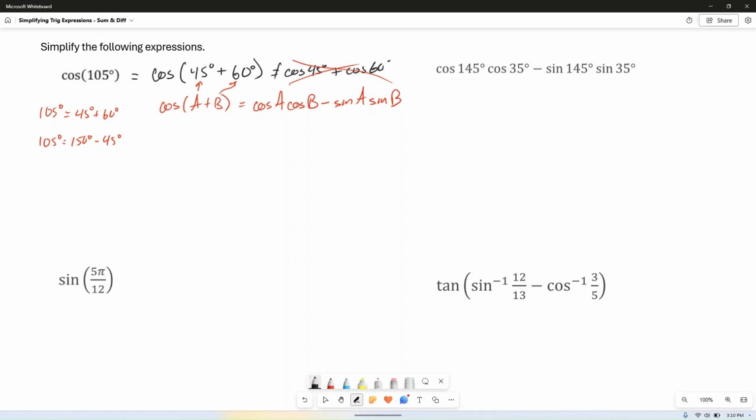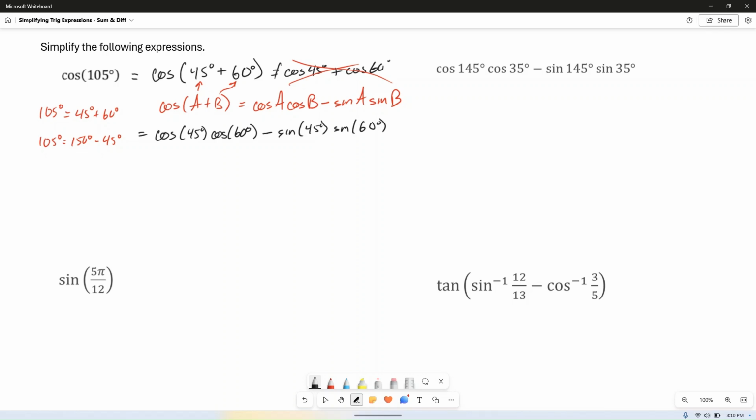So I can rewrite the cosine of 45 plus 60 as the cosine of 45 degrees times the cosine of 60 degrees, that's the cosine A cosine B, minus the sine of 45 degrees times the sine of 60 degrees, that's the minus sine A sine B part.